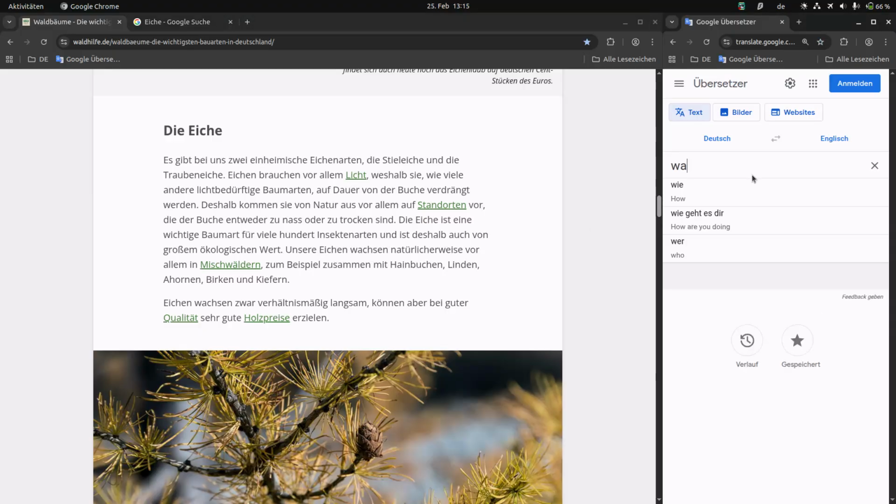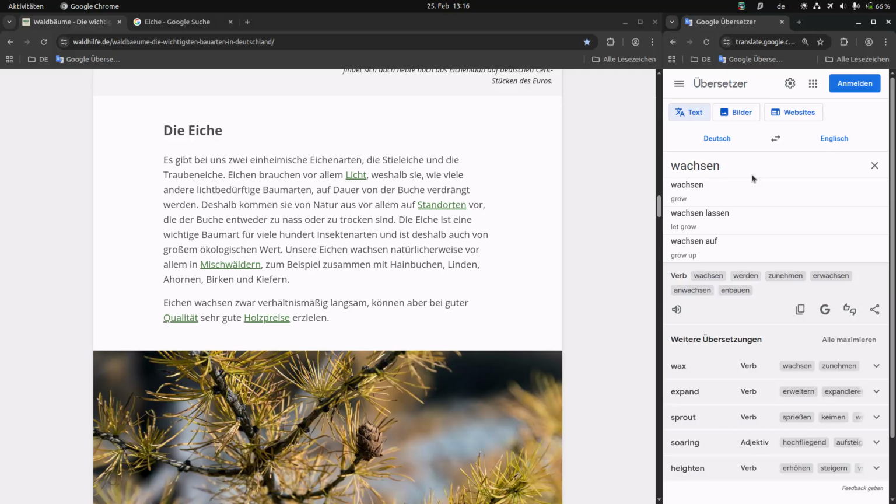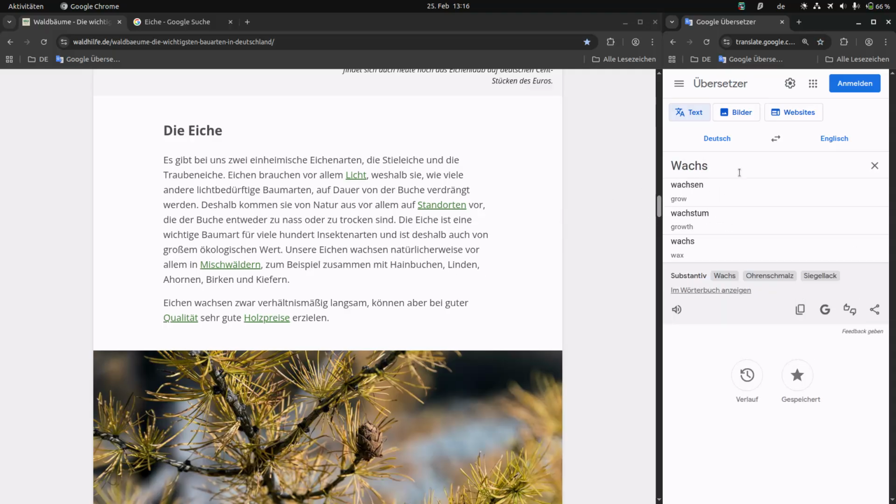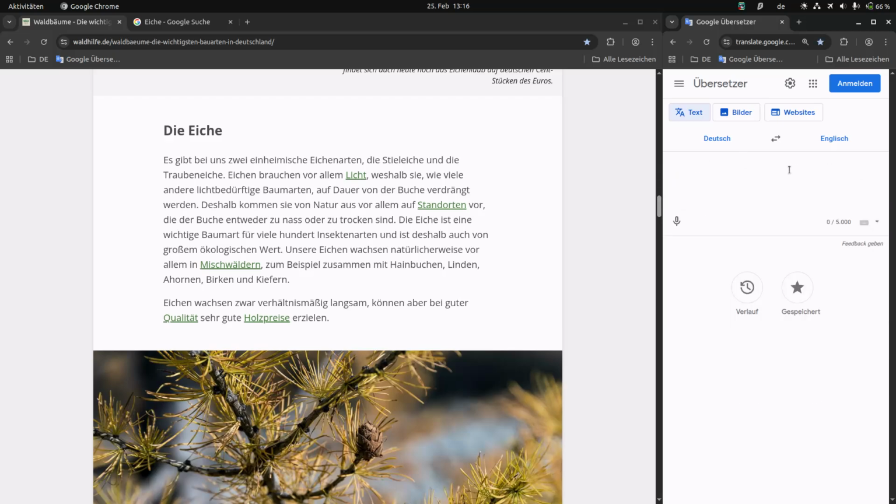Wachsen can either mean to grow, which is mostly used, or to wax, for example to wax your legs and get rid of the hair. Because it derives from the word wax, it would be the same as if in English to grow was to wax.